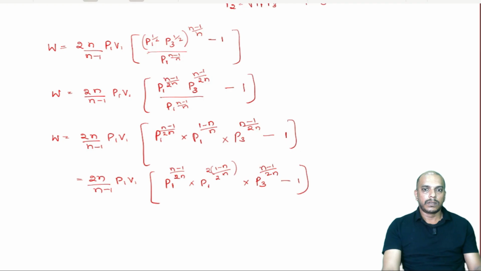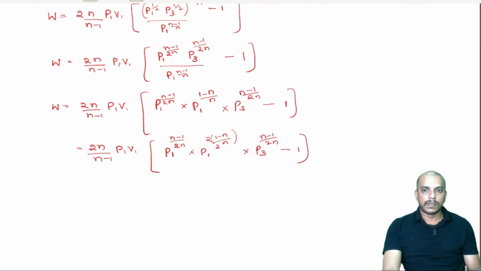Now we can add the powers. So, P1 V1, P1 power, 2n is in the denominator, in the numerator (n minus 1) plus 2 minus 2n, into P3 power (n minus 1) by 2n.